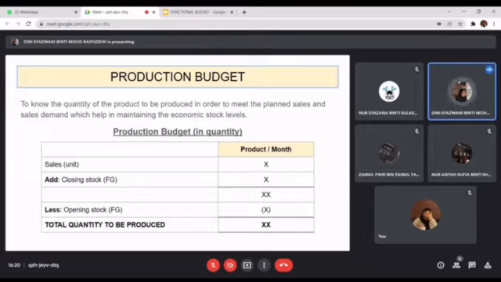Production budget is calculated in quantity. First, we take the sales units from the sales budget, then add the closing stock of finished goods that we plan to have at the end of the period, and then less the opening stock of finished goods that we still have, and we will get the total quantity to be produced.